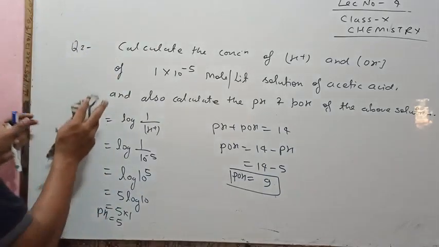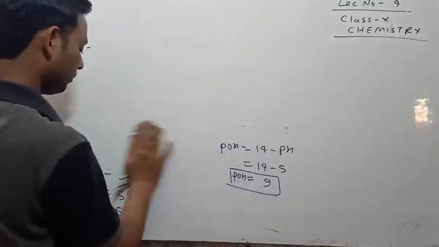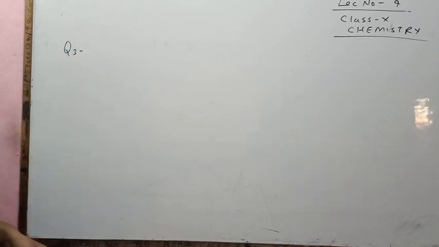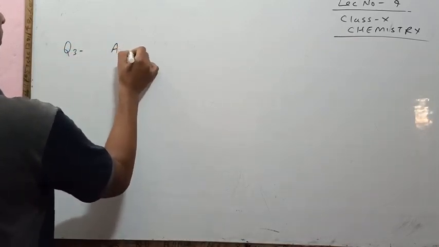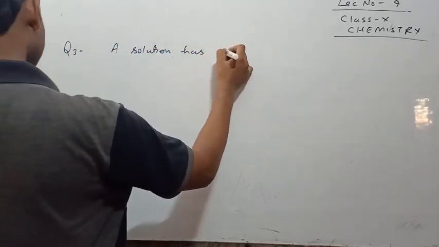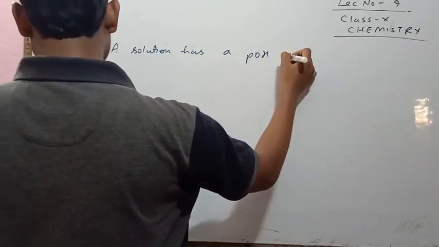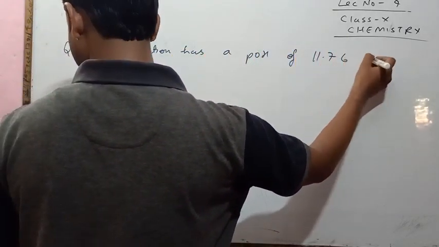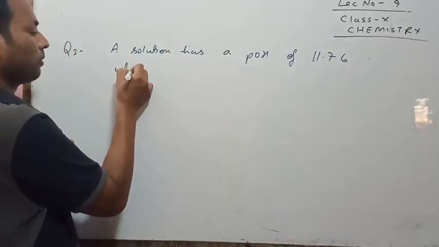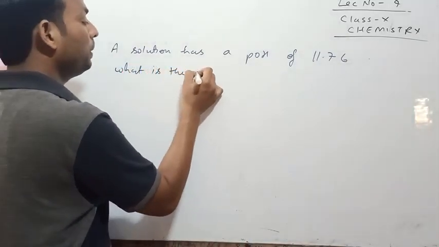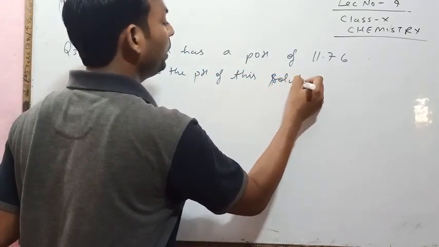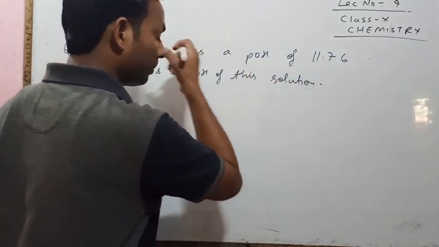Okay, next question. Third question. Question number 3. A solution has a pOH of 11.76. So what is the pH of this solution? We have to find out the pH of the solution.